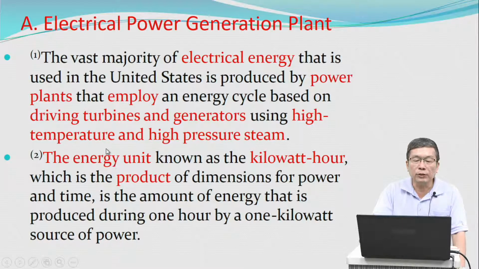The energy unit, known as kilowatt hour, which is the product of dimensions for power and time, is the amount of energy that is produced during 1 hour by a 1 kilowatt source of power.